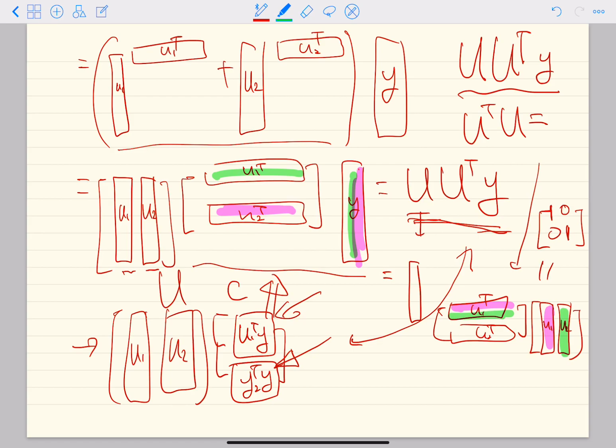So only the diagonal has elements of 1, and the off-diagonal part will all become 0, because those are inner products between different vectors that are orthogonal to each other. So U transpose U is the identity, and U transpose works as an orthogonal projection matrix.